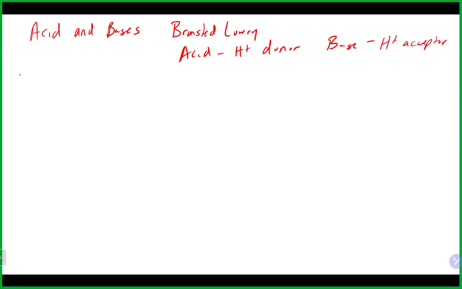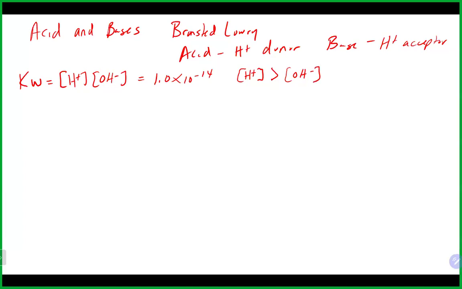We talked about Kw, which is the concentration of H plus times the concentration of OH minus, and that equals 1 times 10 to the minus 14. You can basically use this as one way to determine whether a solution is acidic, basic, or even neutral. If the H plus concentration is larger than the OH minus, that basically means the acid part is bigger than the base part.